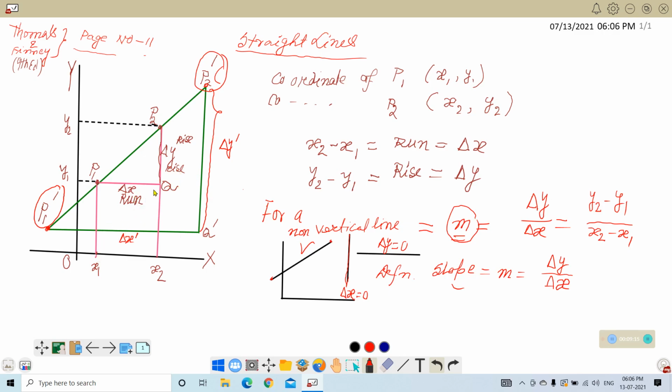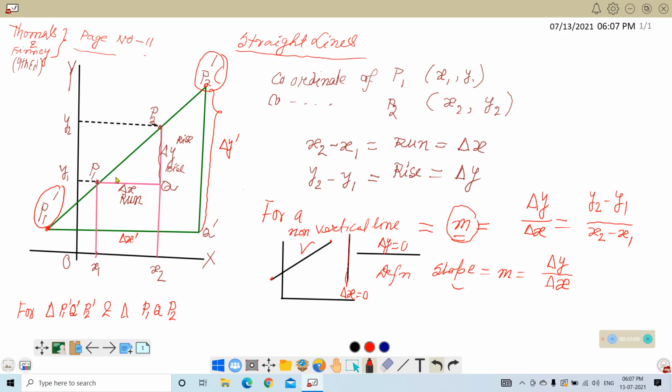Now if we consider two triangles, triangle P1 prime Q prime P2 prime and triangle P1 Q P2, from your knowledge of geometry, you can say these triangles are similar to each other.